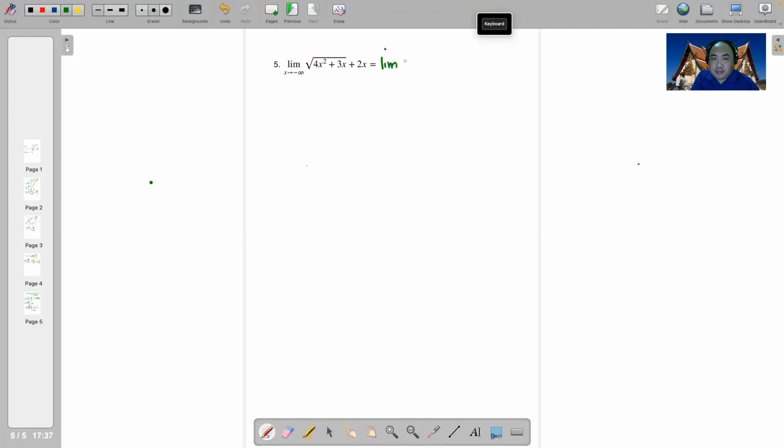We want to take the limit of the square root of 4x squared plus 3x plus 2x.